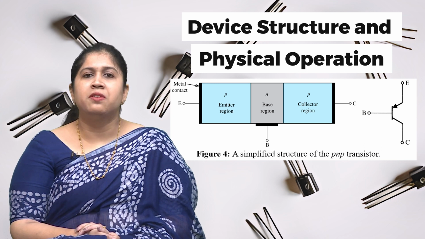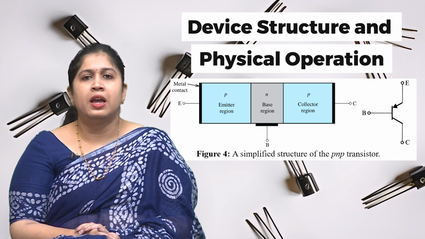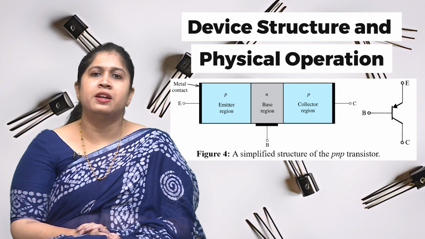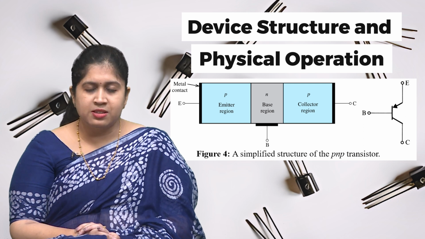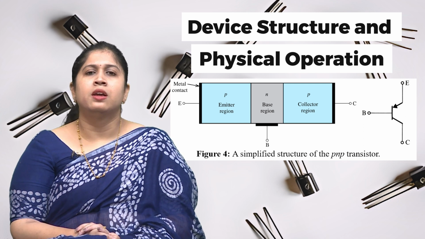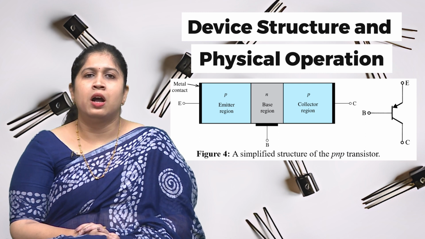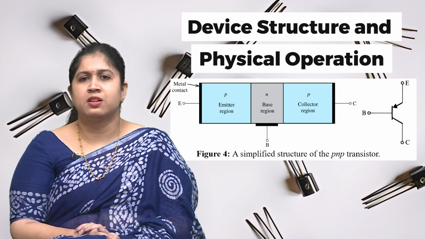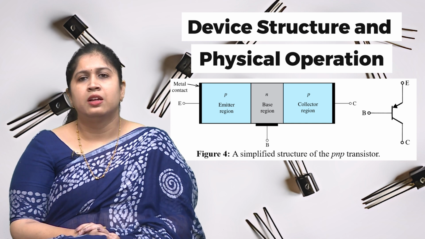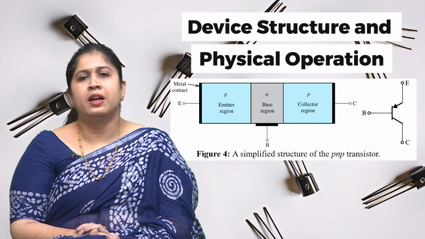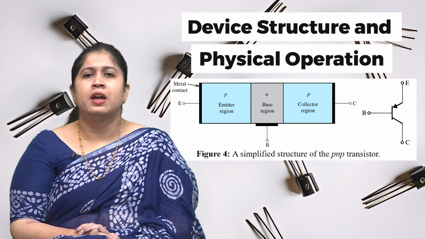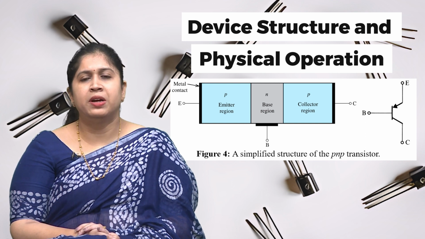In the PNP type transistor, emitter and collector are P type, base is N type, and in NPN, emitter and collector are N type, so both are different. For the physical structure we can see the emitter is on the top side and the collector is on the ground side, and the base is in the middle of the transistor.